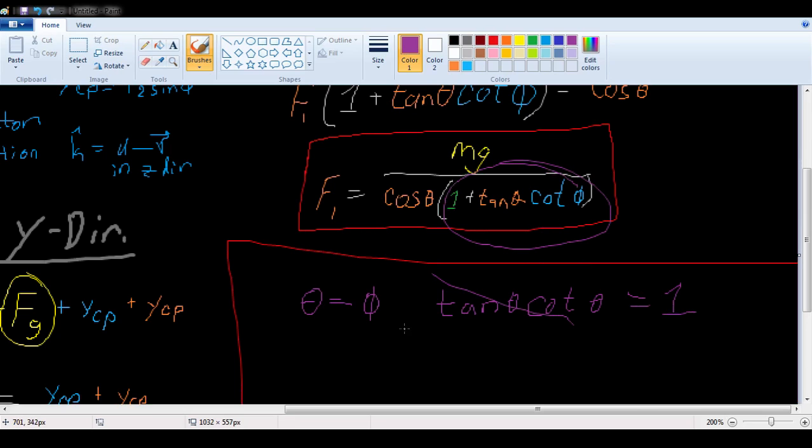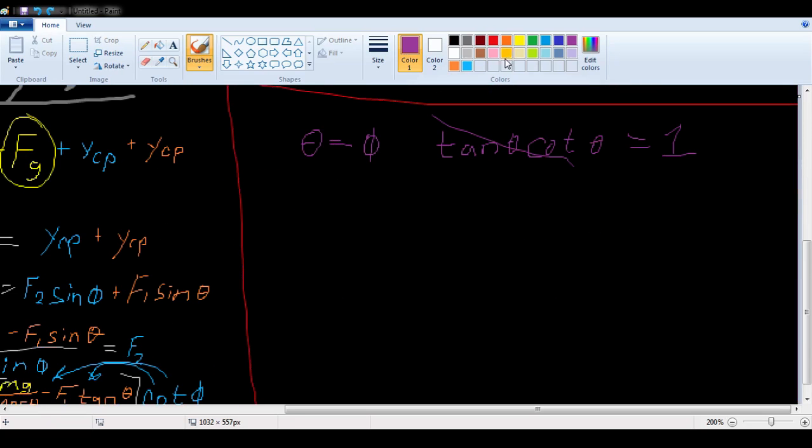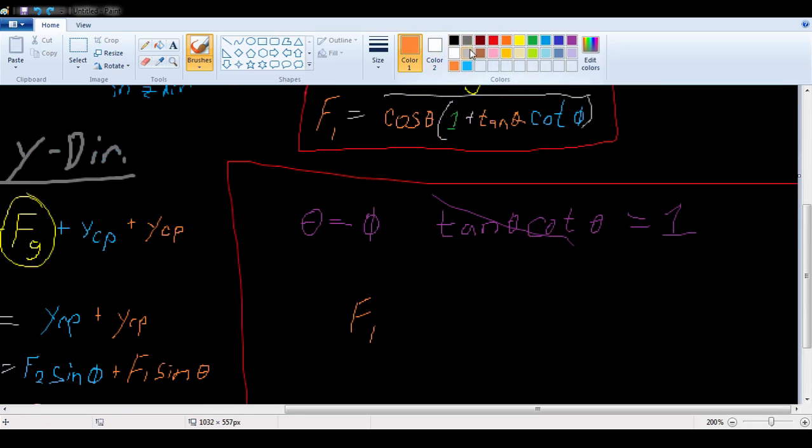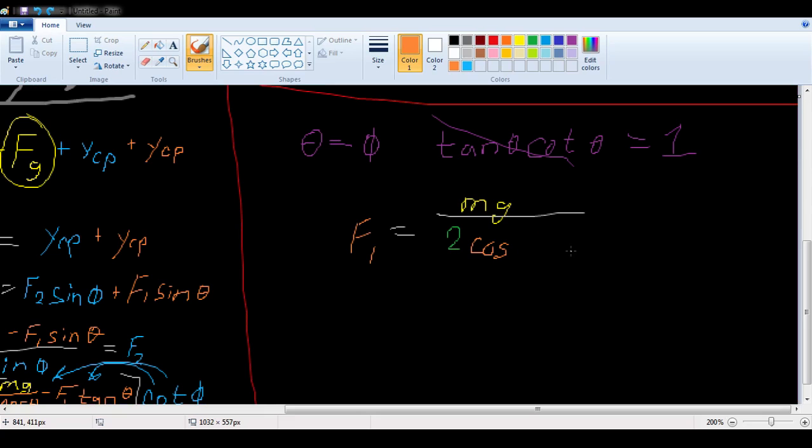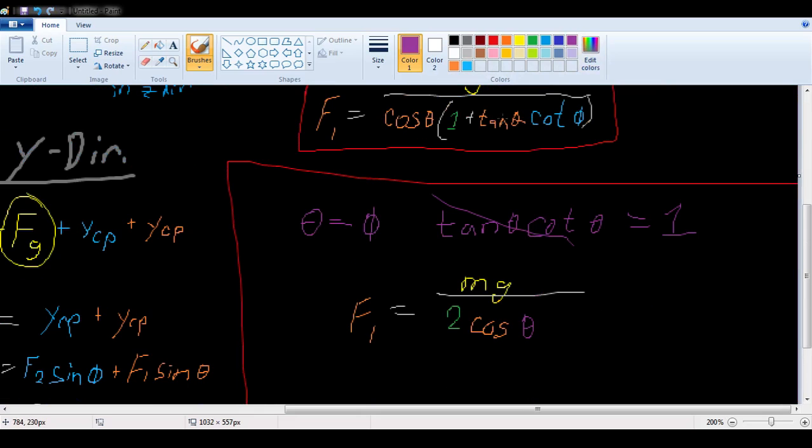So this whole thing down here is going to simplify significantly, and you're going to have the final result of f1 equals mg over 2 cosine theta. Whew. And actually I'm going to write that in purple because why not? And then that would be your answer.